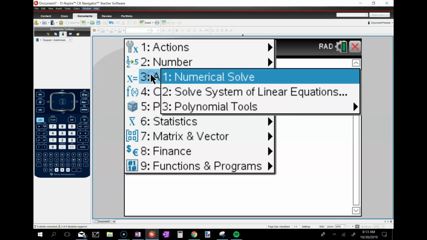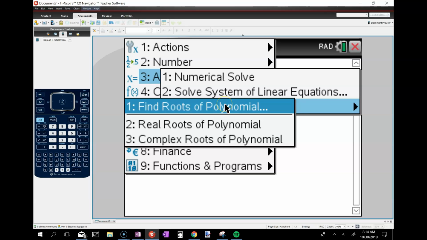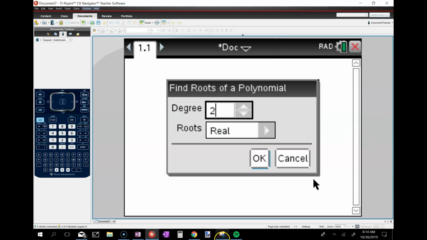I go to the same place that I would unsolve, except I go down to option 3, which is polytools. You're going to find roots of a polynomial. Now, the degree is simply the highest exponent. Well, it's a quadratic, so it's the exponent 2. Don't worry about changing this. All right, someday we'll talk about this, but not yet.